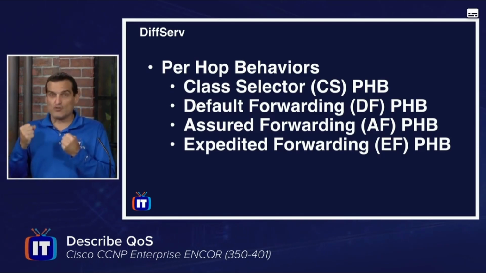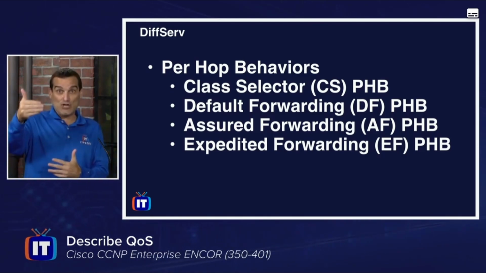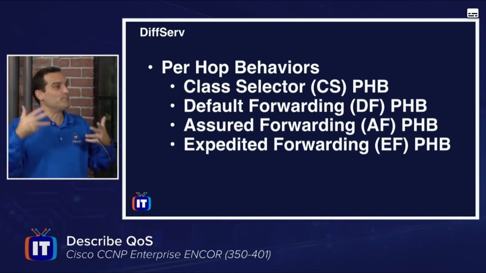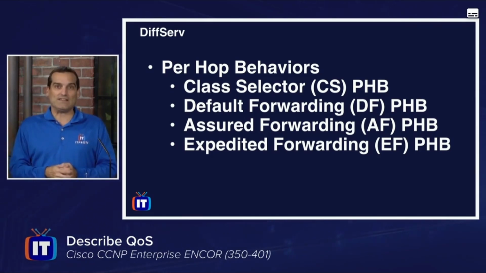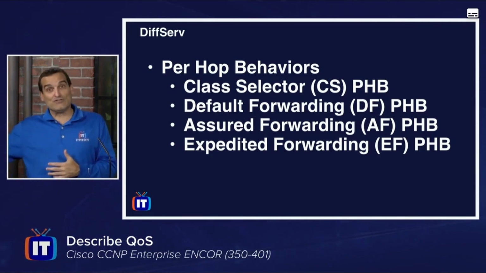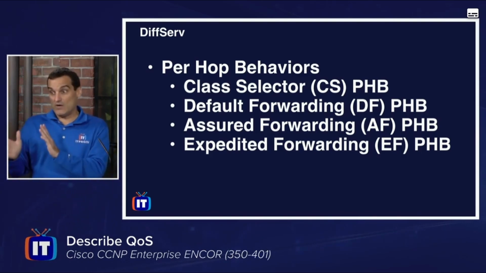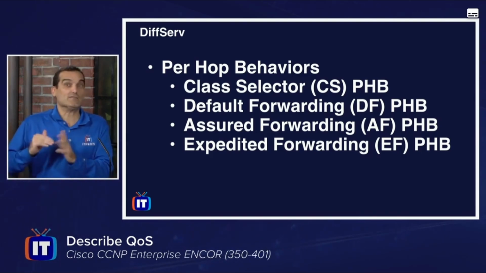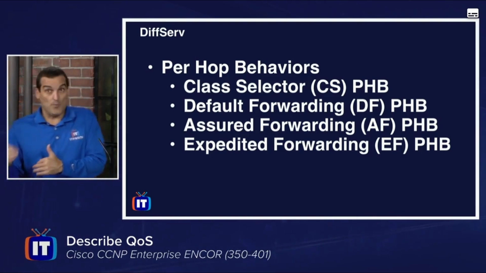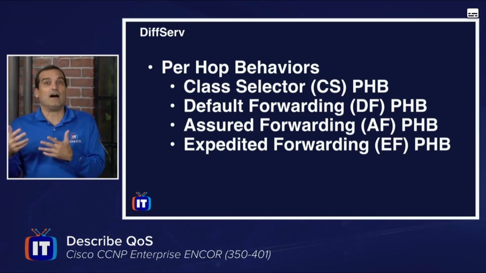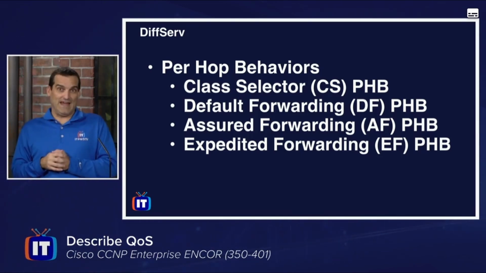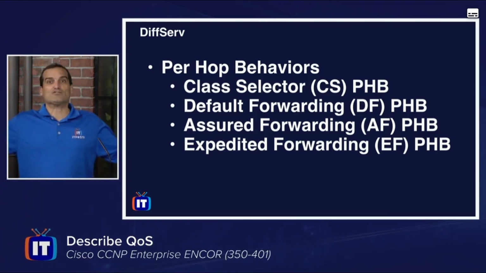It gets this incredible priority. So there's a PHB, a per hop behavior, that we dedicate to something like voice. There's the assured forwarding where we can say, okay, you're not going to get as much priority as voice, but you're going to fall in the higher priority stuff. There's the default forwarding behavior for all unmarked traffic.